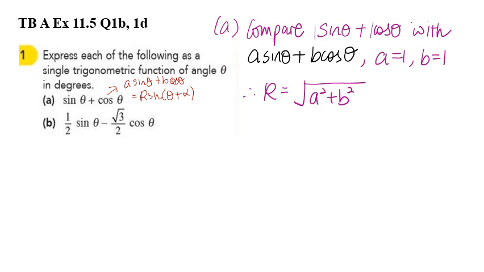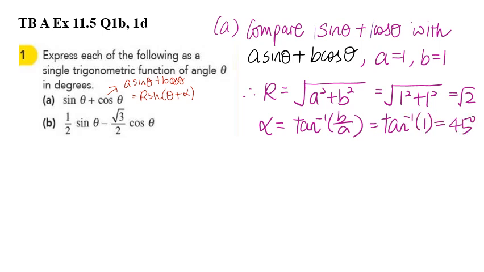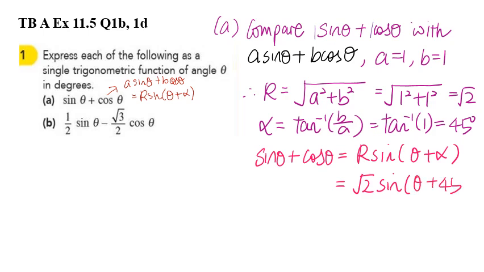That will give you square root of 1 squared plus 1 squared, which gives you square root 2. And alpha will be tangent inverse B over A, which is 45 degrees. So we put them together, and that will give you square root 2 sine bracket theta plus 45 degrees. This is what it means, you put them together using the R formula to get the single trigo function.